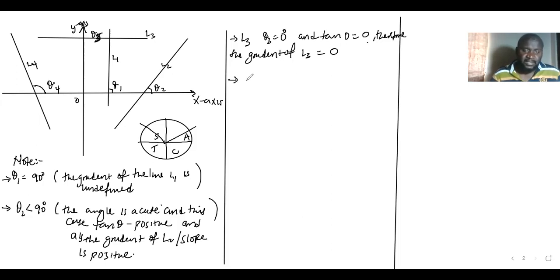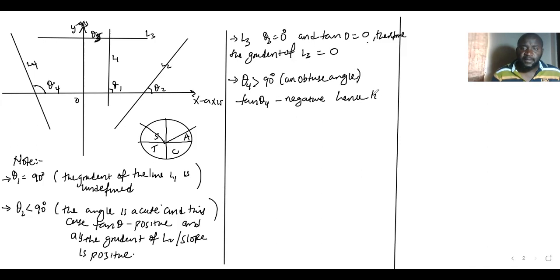So the last one is, for example, if theta 4 is greater than 90, that is an obtuse angle. Okay, then tan of theta 4 is negative.